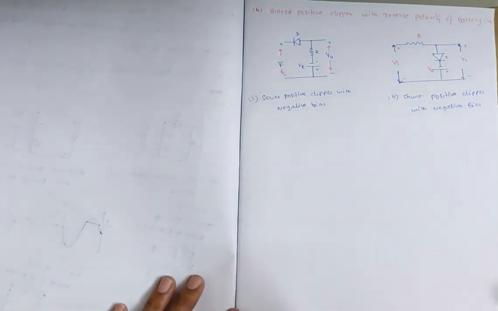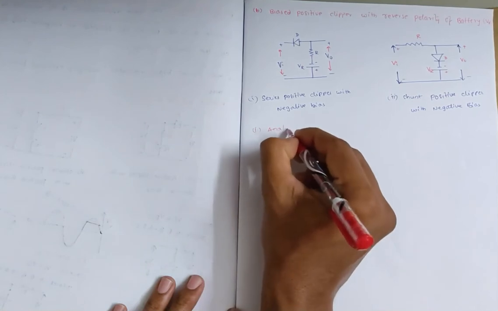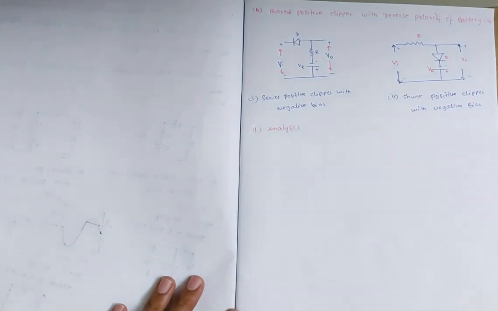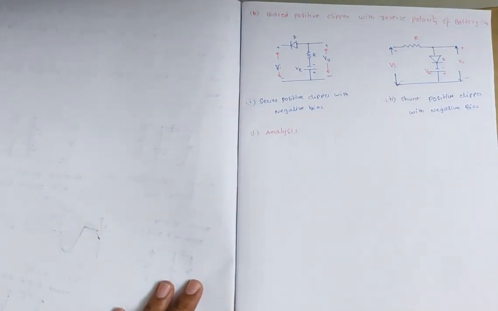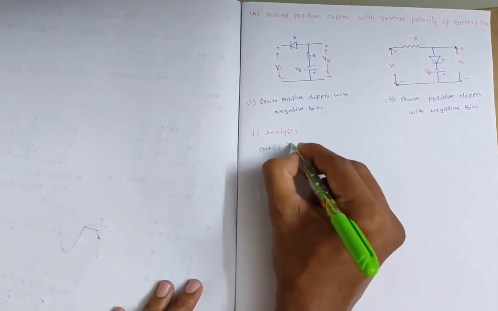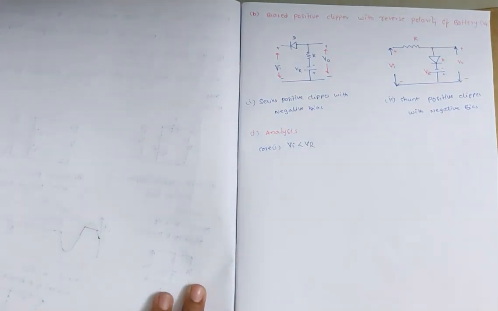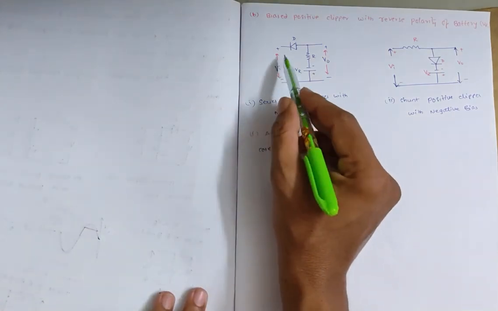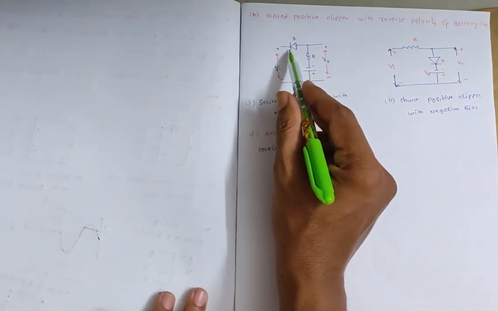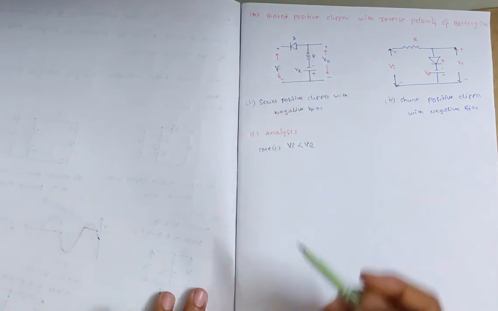So again, analysis of the first circuit: series positive clipper with negative bias. I am considering case 1 as Vi is less than Vr. That means input voltage is connected to the cathode terminal of the diode and Vr is connected to the anode terminal of the diode.